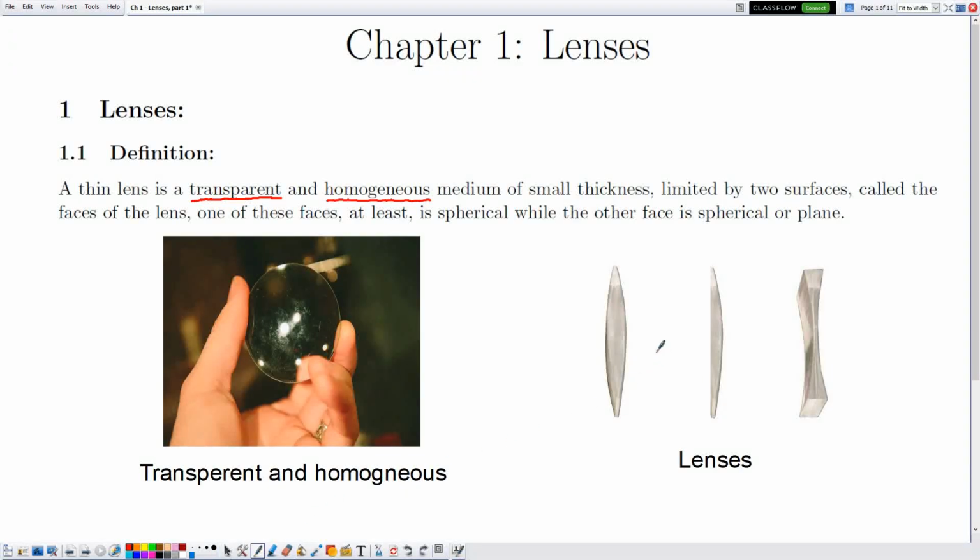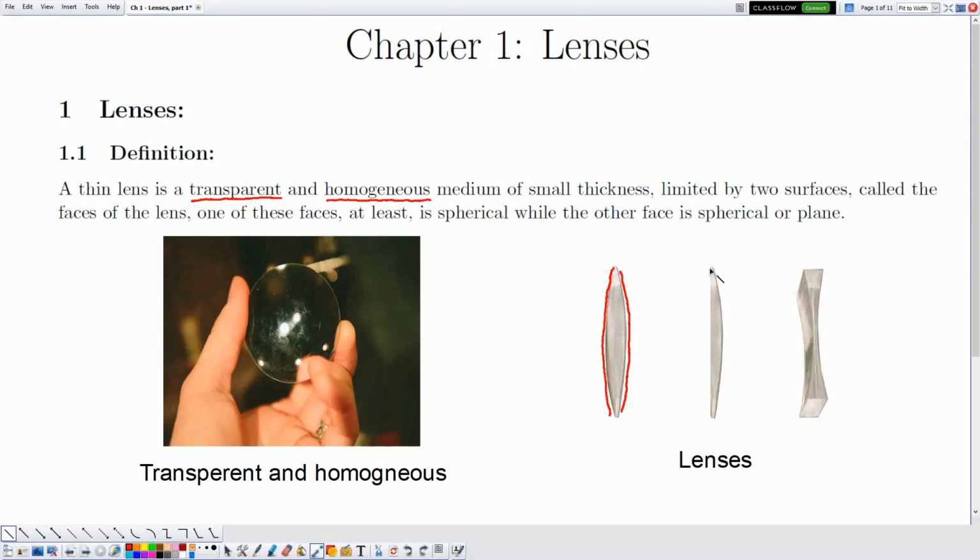Here on the right we have three lenses. This is the first lens. These are the faces of the lens. In this case, both of them are spherical. Now if we look at the second lens, the first face here is straight.